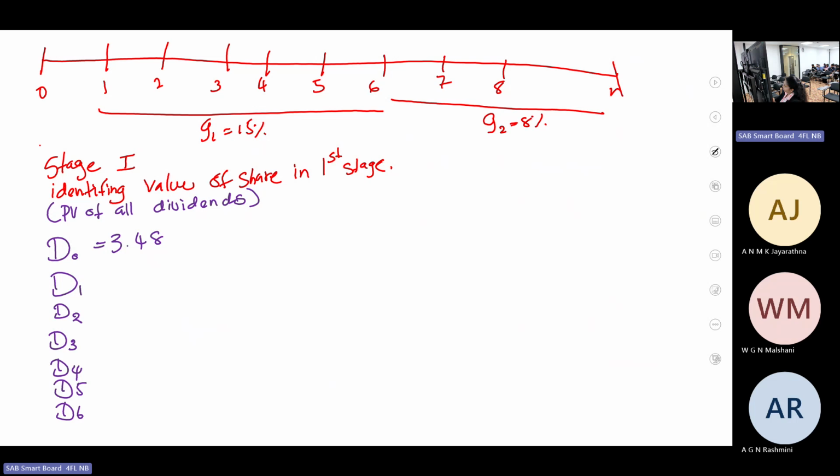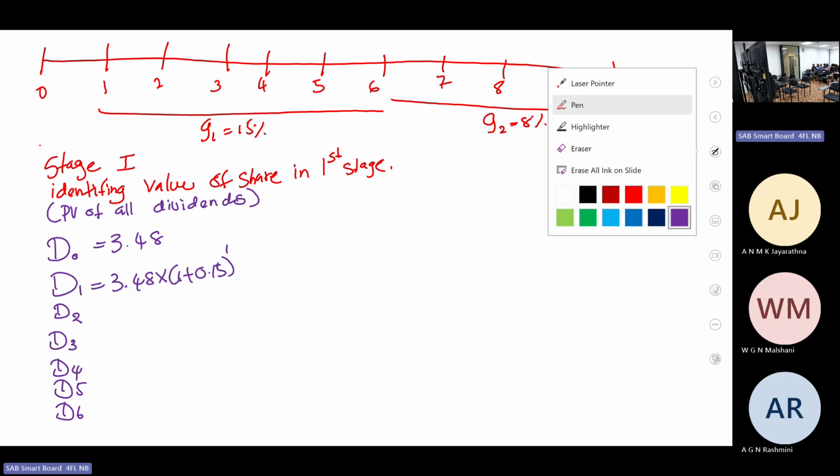D1 is 3.48 multiplied by 1 plus growth rate 0.15 to the power 1. That is not enough, right? We have to deal with present value.